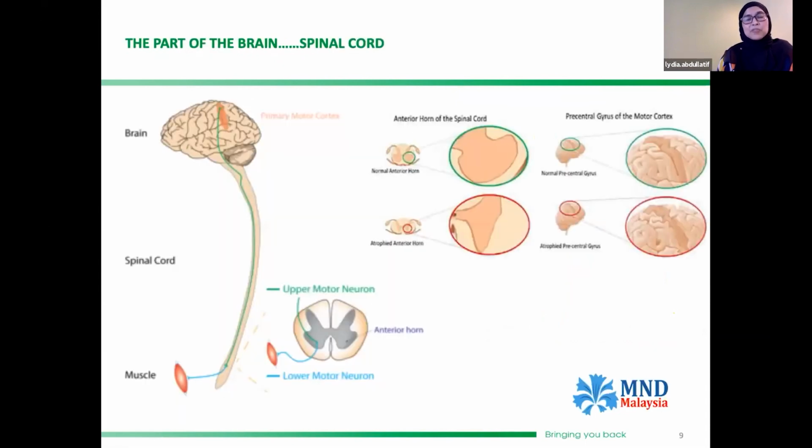Okay, so this is the part of the brain where the motor neurons can be affected. So you have the brainstem, as well as the saraf tunjang or the spinal cord. Depending on the site of the motor neurons affected, the manifestation may differ.